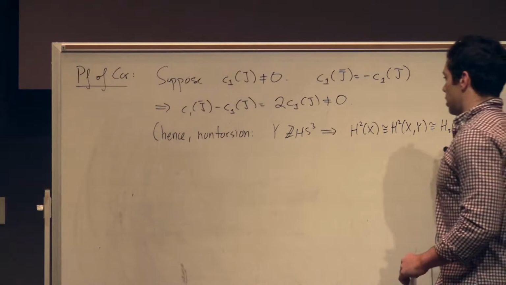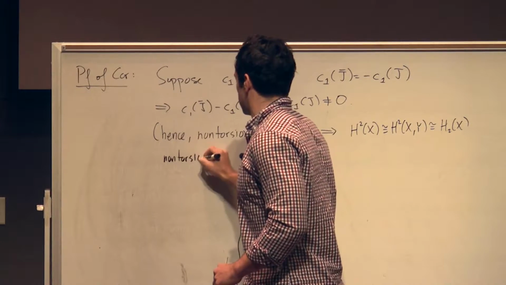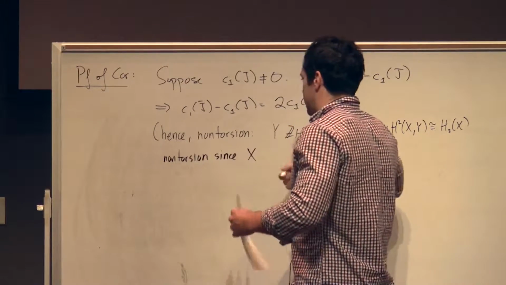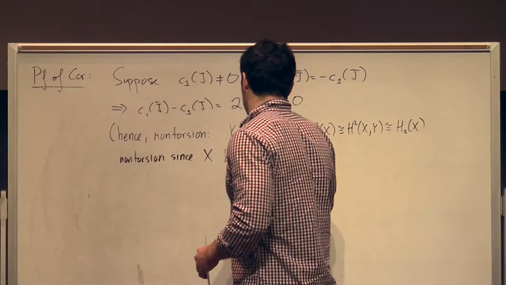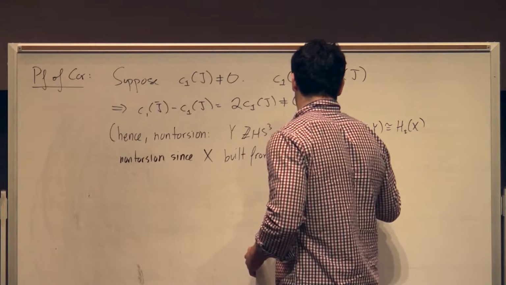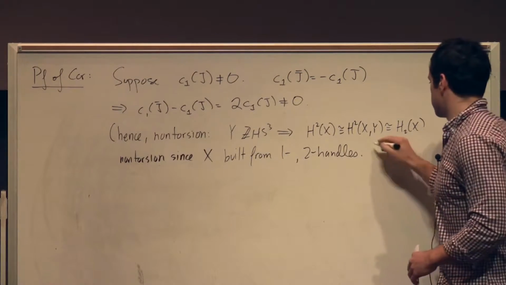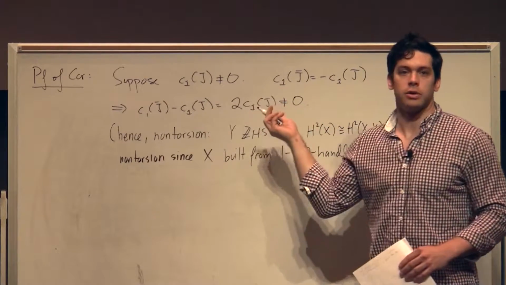And this is non-torsion since X admits a Stein structure, so it can be built from 1 and 2 handles. So H lower 2 isn't torsion, that implies that H upper 2 isn't torsion. So as long as this difference is non-zero, it's non-torsion.